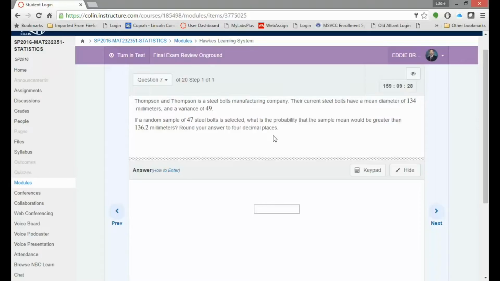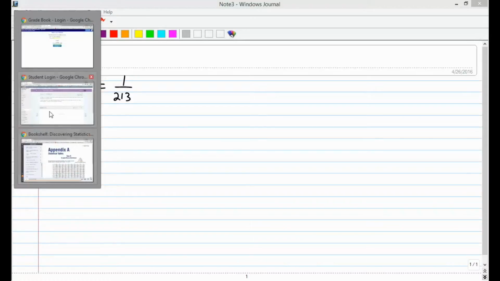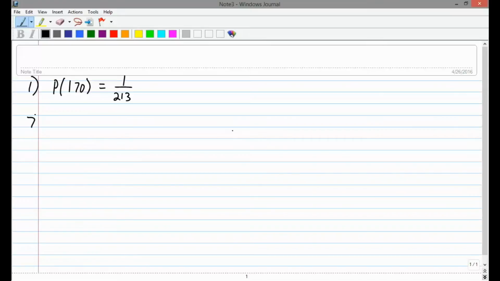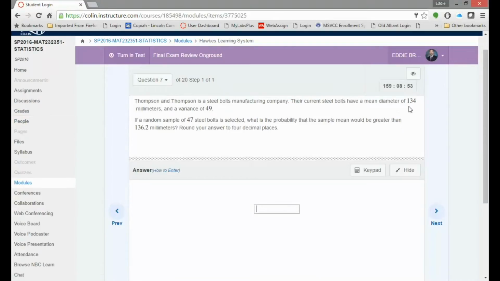Okay. So I'm going to need that mean, that variance. What number are we on? Already? So we need the mean, we have the variance, I think it's the population variance they gave us. 134 and a variance of 49.